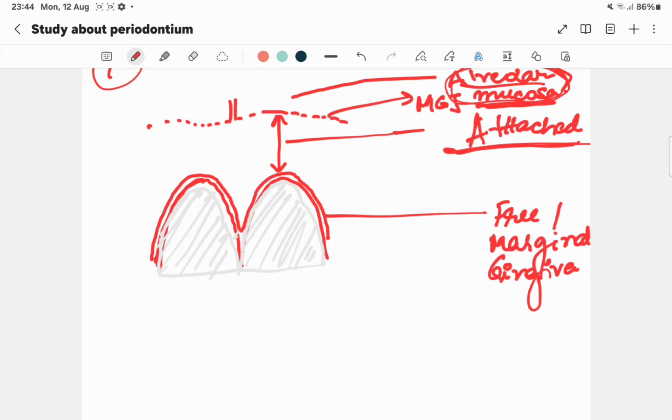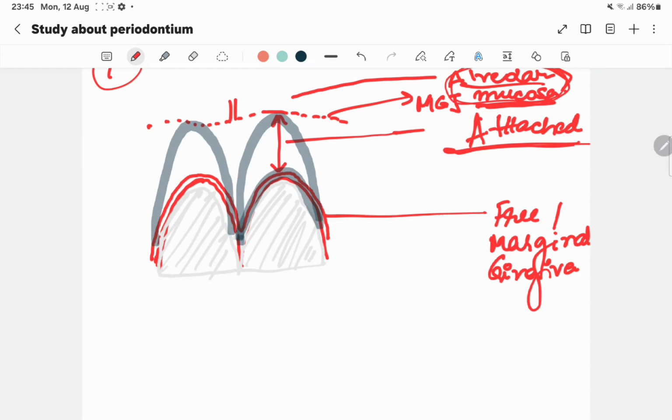So coming to the marginal gingiva, it forms the coronal border of the gingiva which surrounds the tooth but is not adherent to it. In normal tissues it extends approximately 2 millimeters coronal to the cemento-enamel junction. In your tooth, imagine there's a root, and your cementum and tooth has a junction over here.